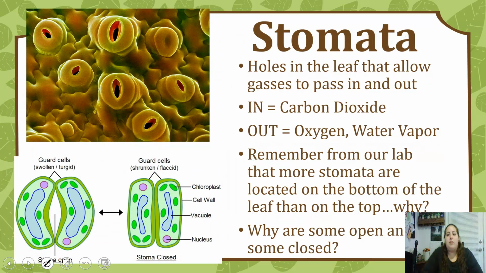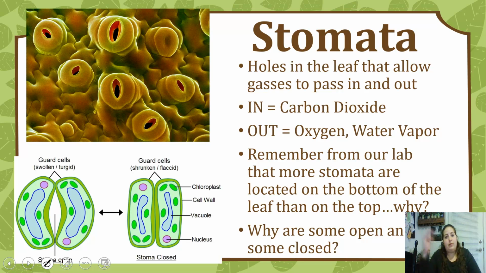So now to the stomata that we discussed earlier. Remember, these are holes in the leaf that allow gases to pass in and out. The picture on the left is an electron microscope image of these stomata. They let carbon dioxide in and oxygen and water vapor out. Remember from our lab that there's more stomata on the bottom of the leaf than on the top.